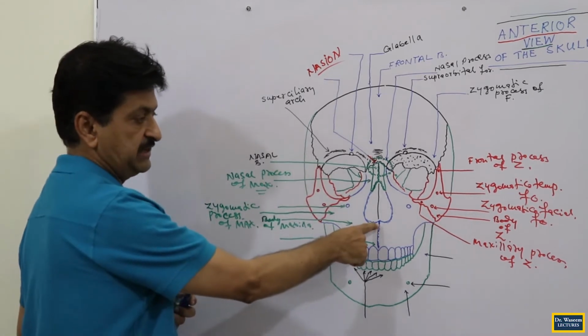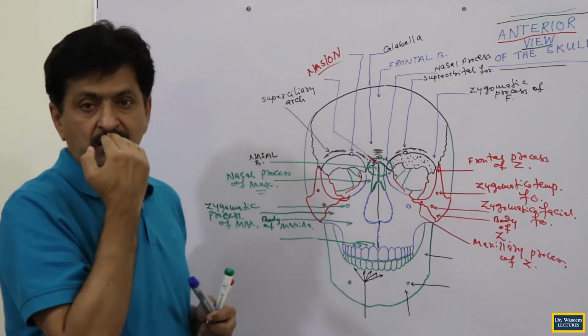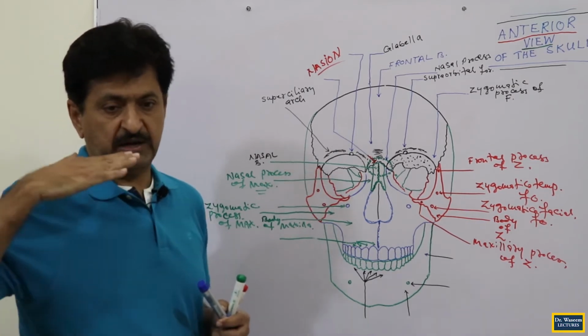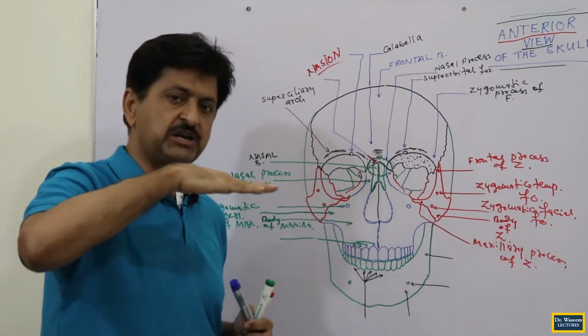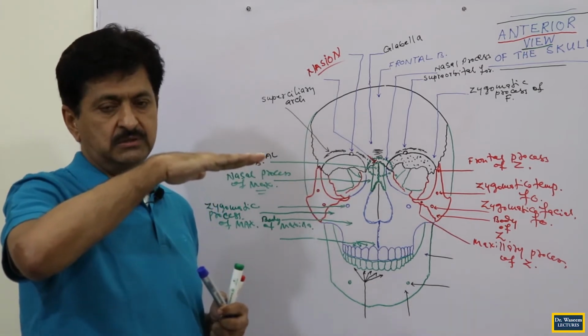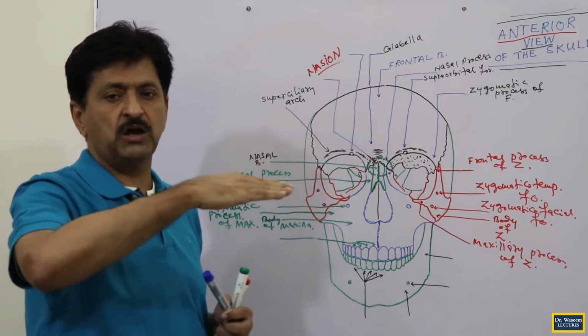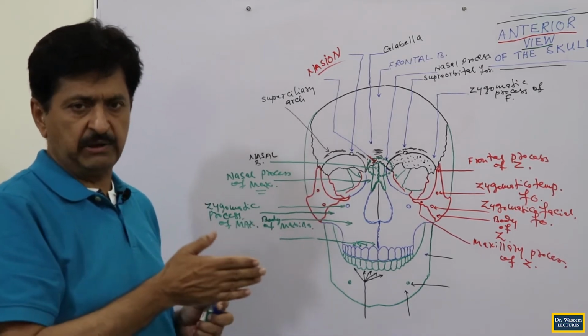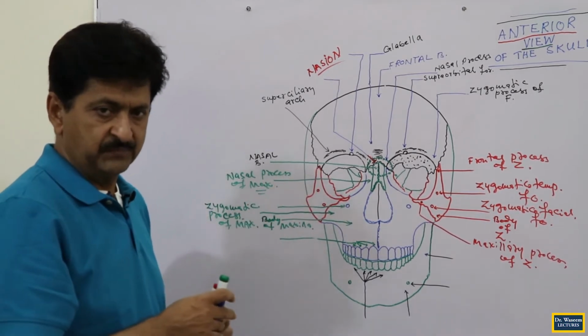The floor of your nasal cavity starts from the anterior nasal spine. Going until the posterior nasal spine comes, all of this will be the floor of the nasal cavity, and that is formed mostly by the maxilla.